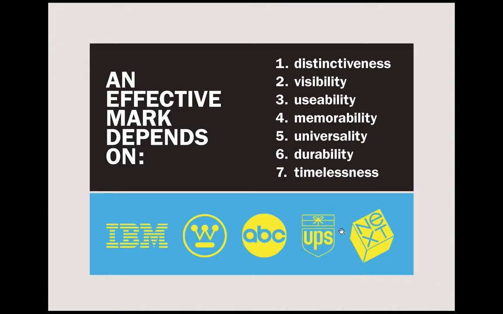These logos here are connecting to the Paul Rand thing. These are all done by Paul Rand. IBM, this same basic lettermark or monogram is still in play, even though the stripes might be gone. The Westinghouse logo as it stands here has been around and still exists.